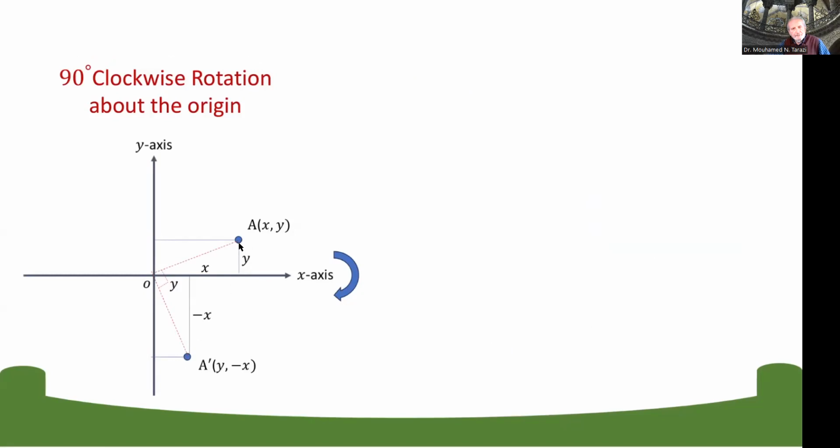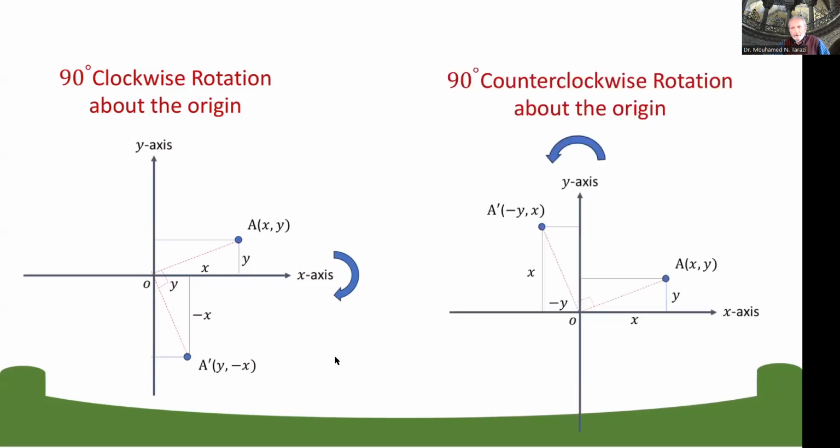It will be the image of this point by this rotation about the origin. So you have to create a 90 degrees here, 90 degrees here. So you see now the coordinate of this point is (y, -x). So (x, y) goes to (y, -x), and I will explain that a little bit more later.